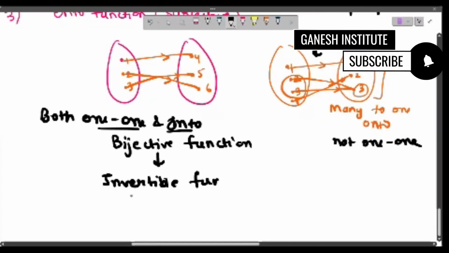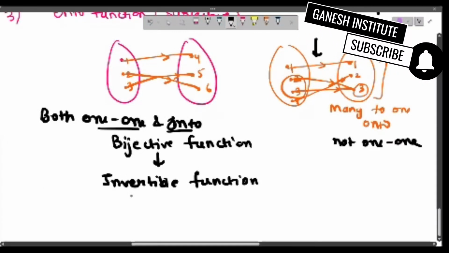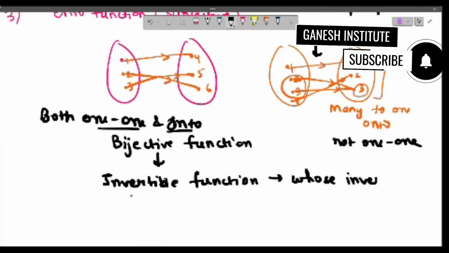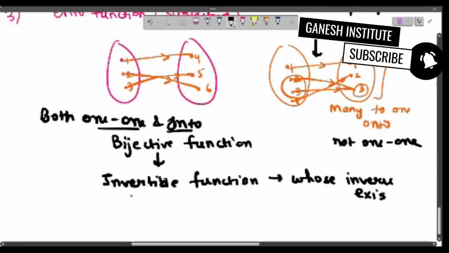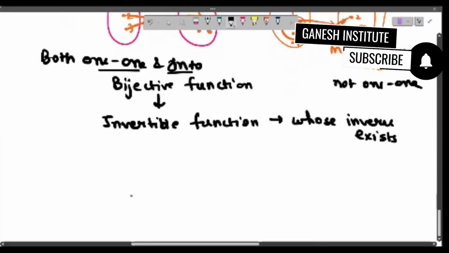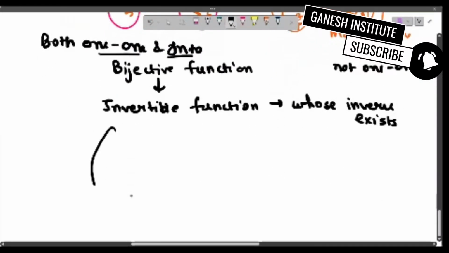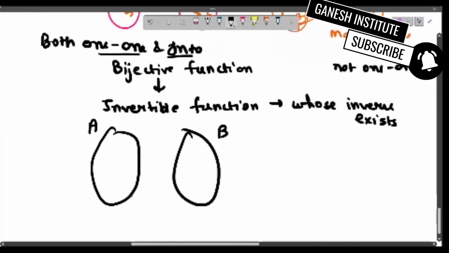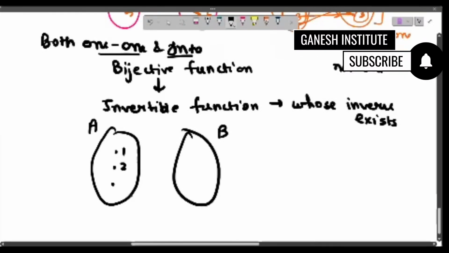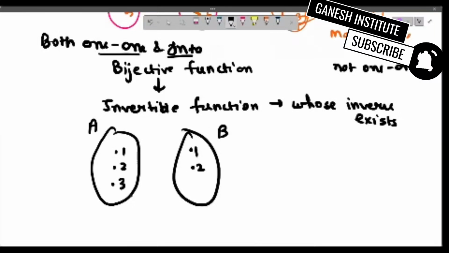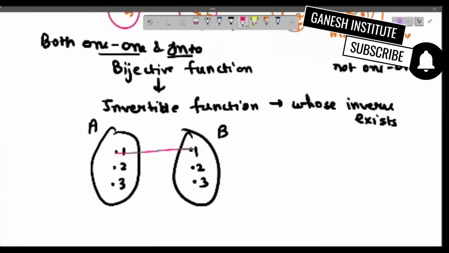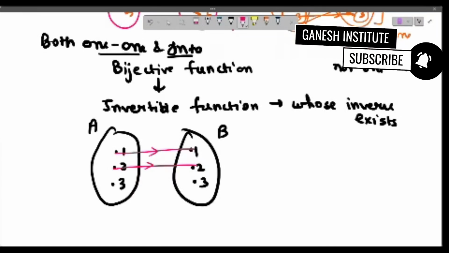Now, what is it I'm telling you? An invertible function is a function whose inverse exists. Inverse means, let's say I have A to B. Tell me, is it a bijective function?